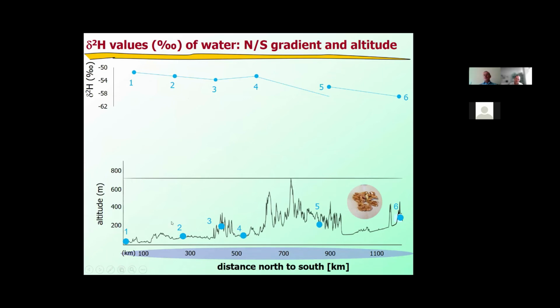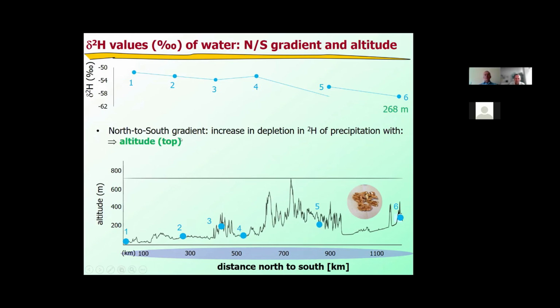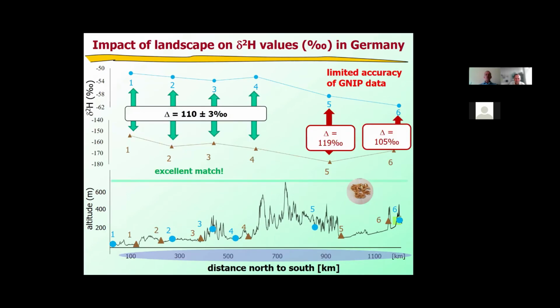So it's not only that you look at the distance from the coast, but it's also the altitude which is considered. And you can see here the impact also on the delta 2H value. And so you have a north-south gradient, but in addition, you have an impact of the landscape altitude. So the altitude and the distance from the coast have to be considered both, so that you can work with hydrogen isotopes.